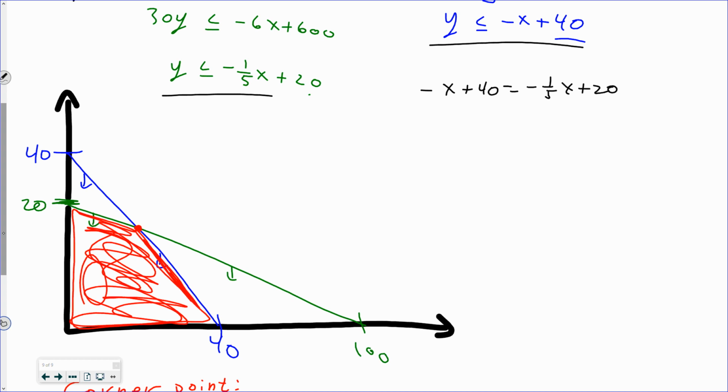So from here, I'm going to subtract the 20 over and add the x over, and you get 20 equals, that ends up becoming 4/5 x. Multiply everything by 5/4. And you end up getting 25 equals x.